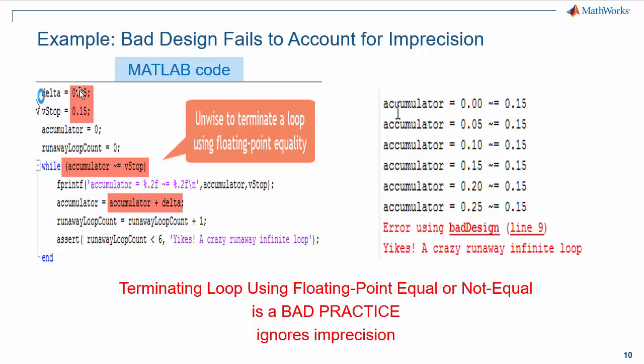What's happening here is the accumulator starts out at 0, and the stop value is the nearest double representation of 0.15. Then each time through the loop we add delta to the accumulator, which is the nearest double representation of 0.05. It's not ideal 0.05, it's the nearest representation of 0.05. So we add that slightly imperfect value, and we keep adding.